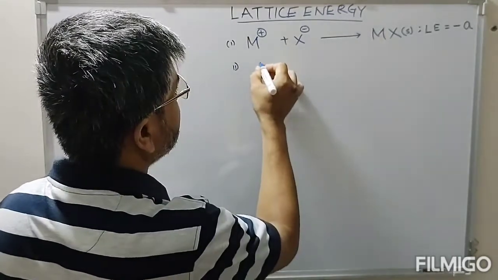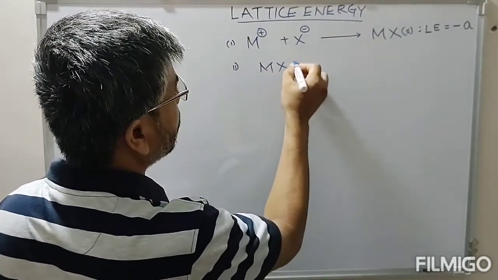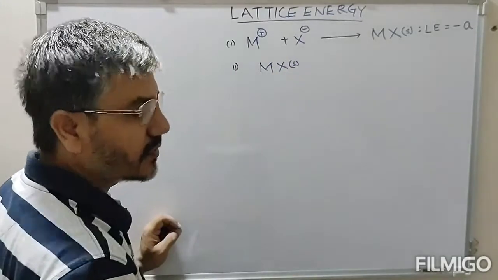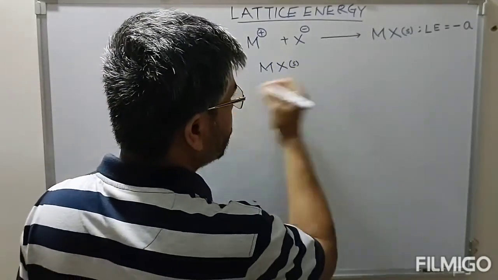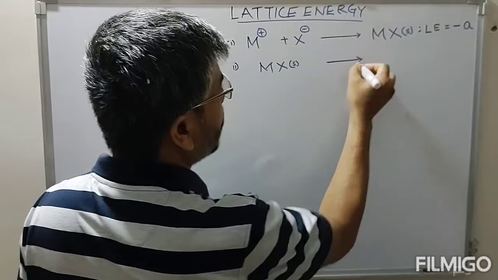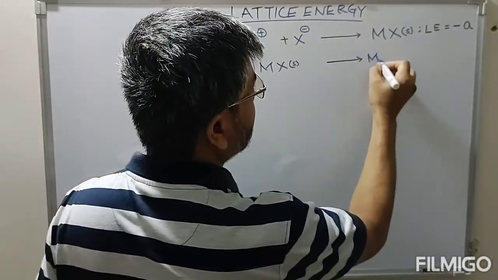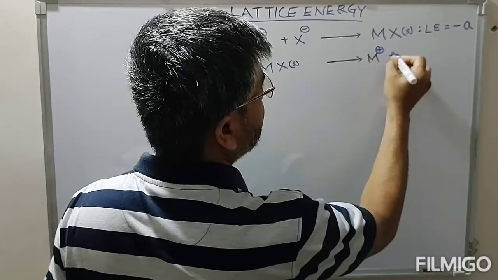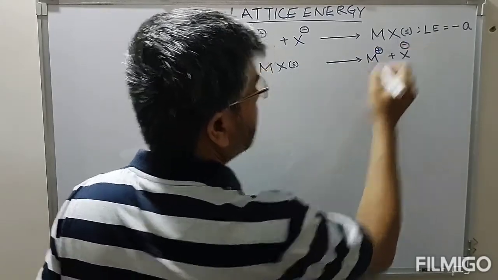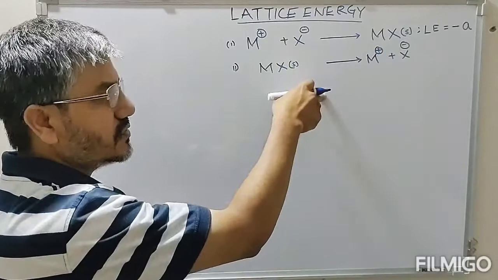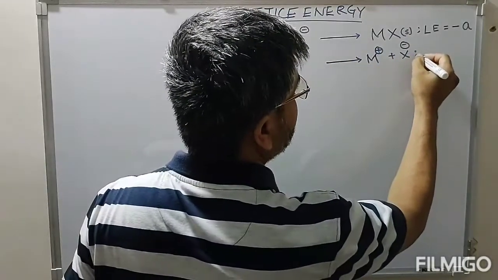On the other hand, we take the same compound, 1 mole of ionic compound MX. Now we have to dissociate this 1 mole of ionic compound into the constituent cations and anions. Since we are breaking the bond, energy must be consumed.